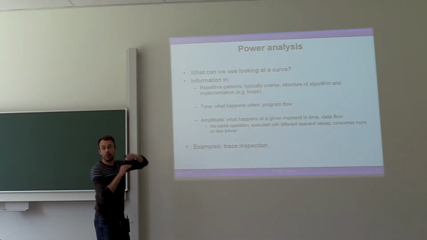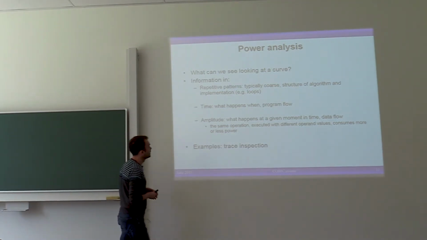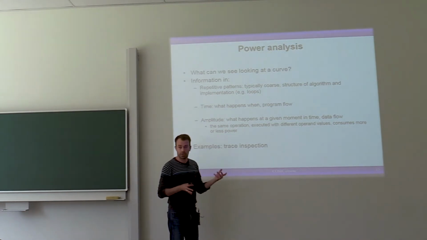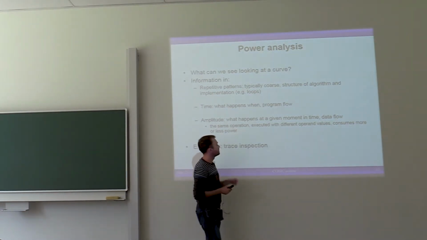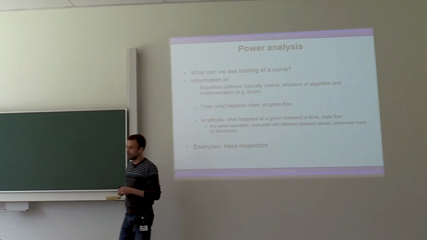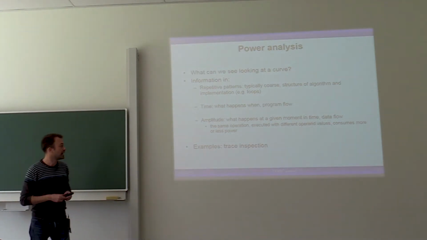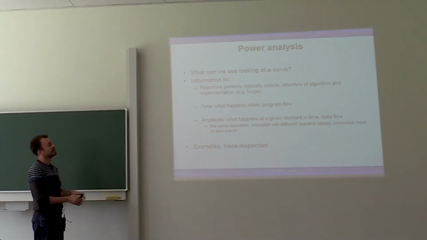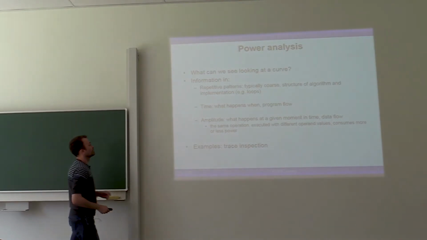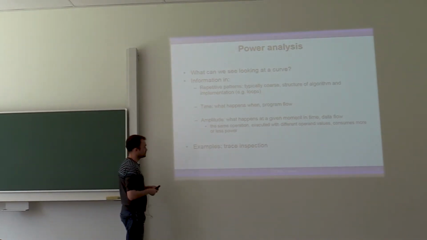Amplitude, so how much power do we consume? This can, in some cases, give us information about what exactly happens at a certain point in time, which may reveal things about data flow and so on. We'll see examples for that.